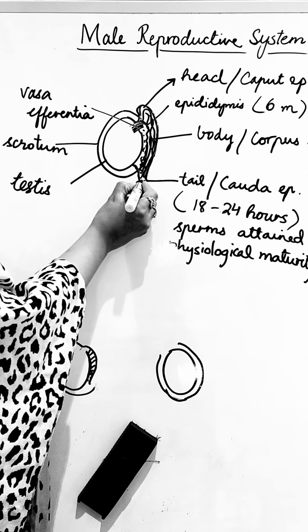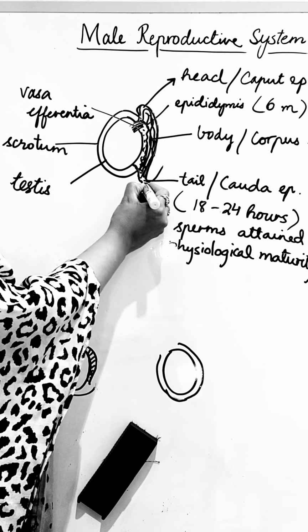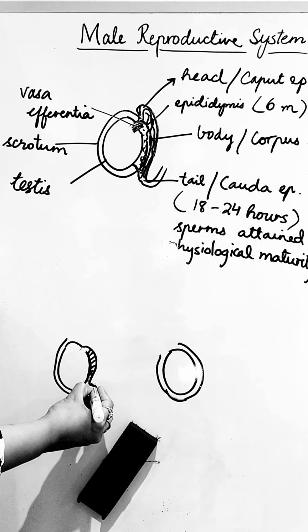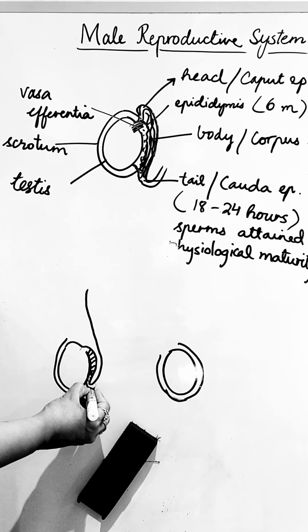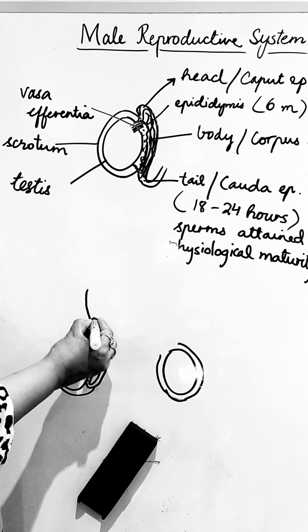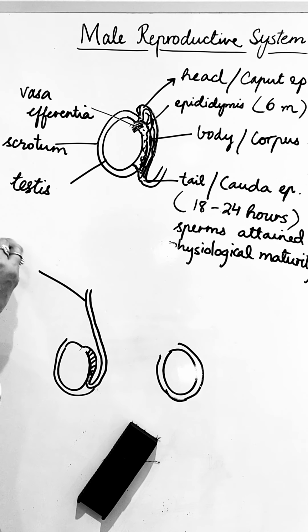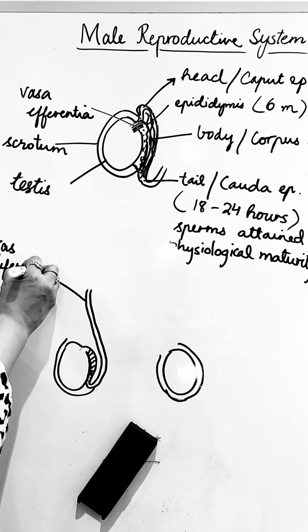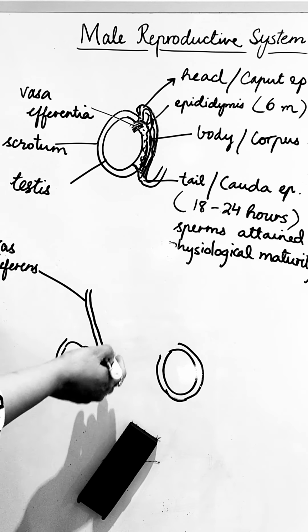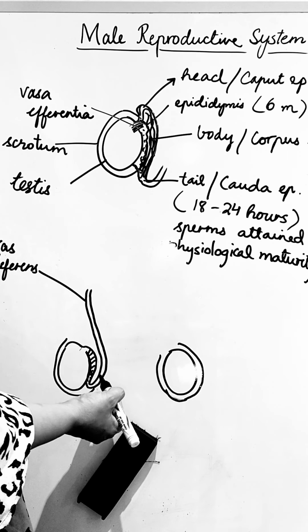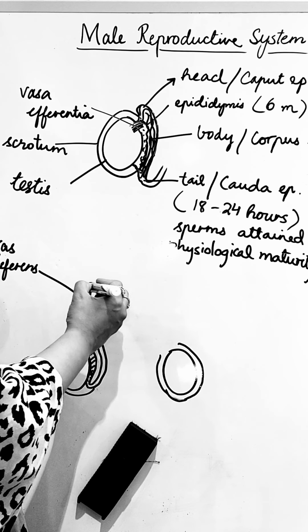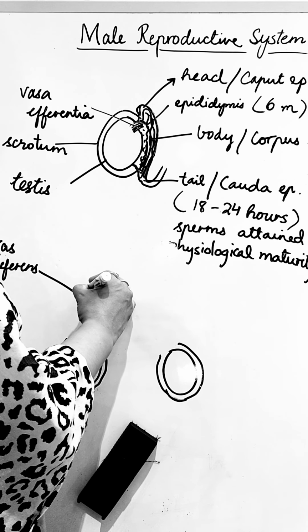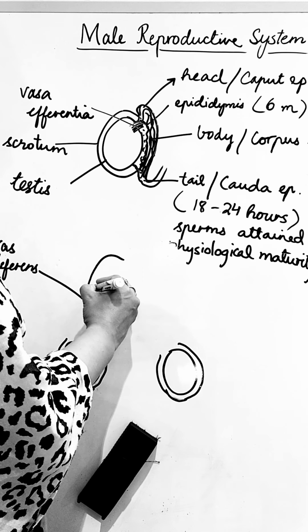At the end of this tubule another duct arises. This duct is called the vas deferens, and it ascends from the scrotal sac through the inguinal canal to the abdominal cavity.